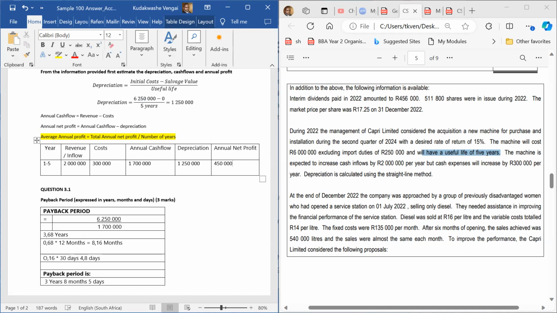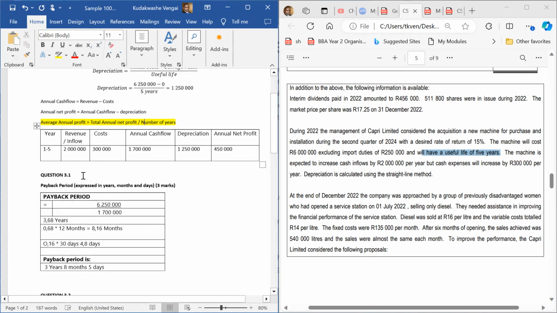If I have different amounts of net annual profit in each and every year, then I will apply this formula that is in red, which says total annual net profit divided by the number of years. It is only applicable if the company is receiving different amounts in each and every year. But I am not receiving different amounts each and every year. So I do not need to calculate an average because I'm receiving the same amount each and every year.